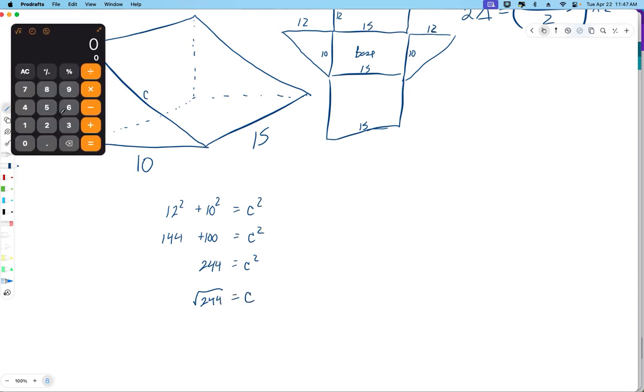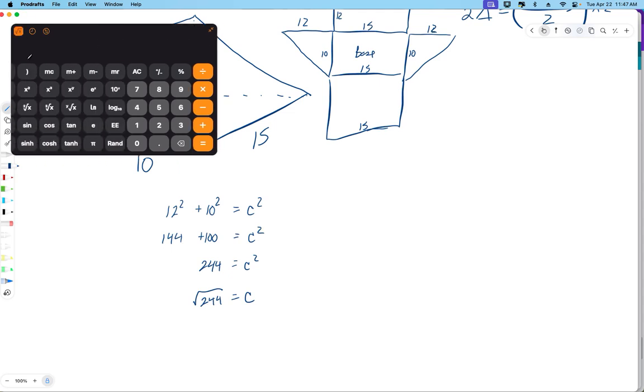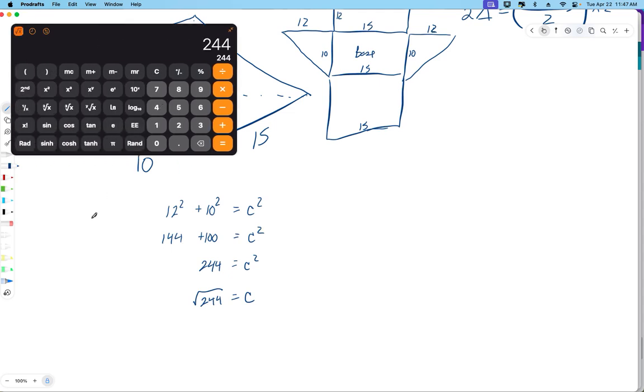So what is that? Let's see if we can find that. 244 square root. Okay, so we're going to round that to two places since there's a 0 right here. Whenever you're looking at where do I round a number to, typically we use two places, but also a way that mathematicians use is they look for the number to drop. And when the number drops, that's usually where you round it to.